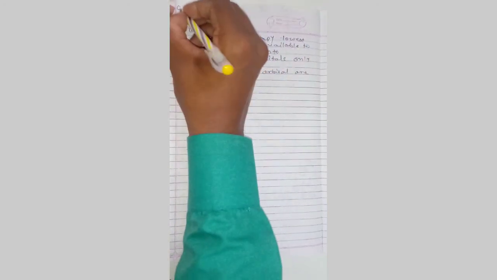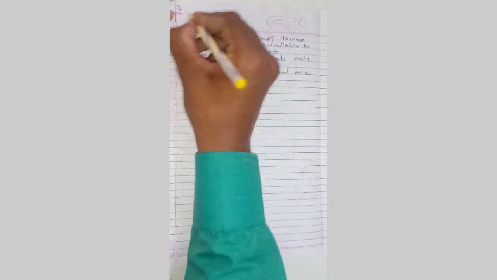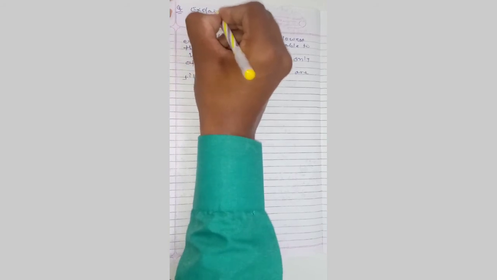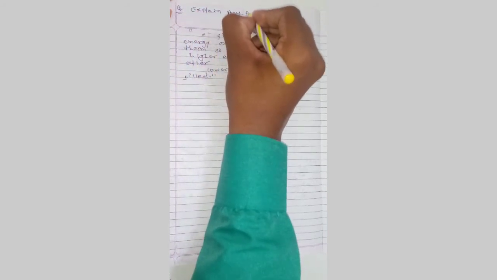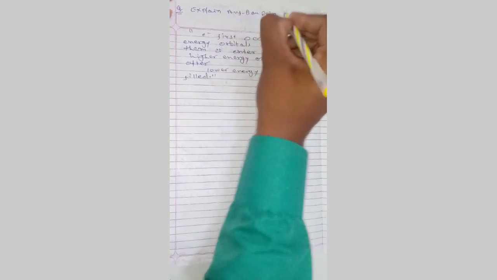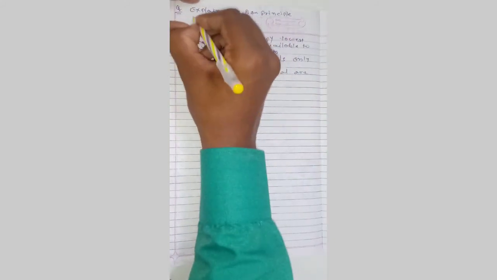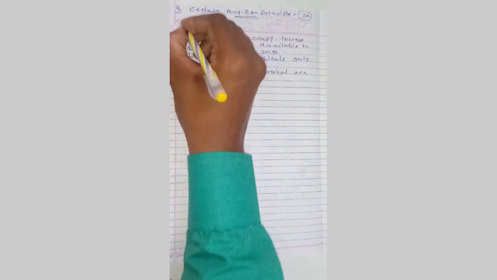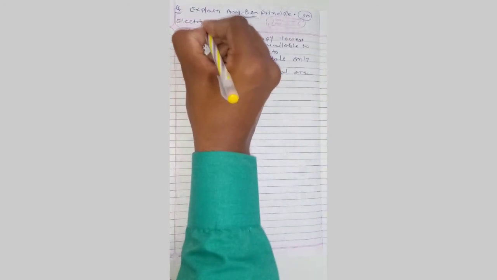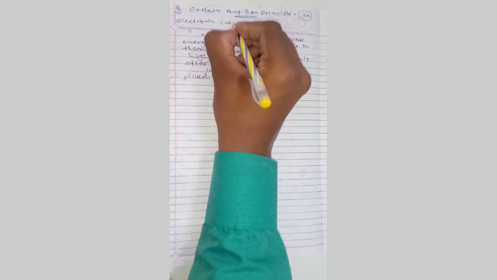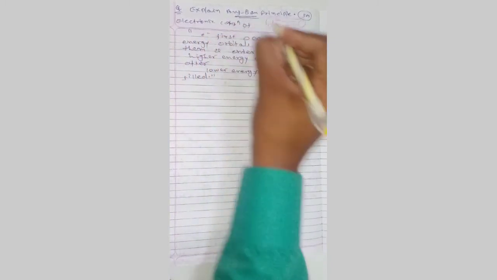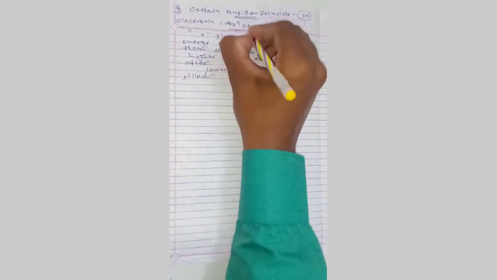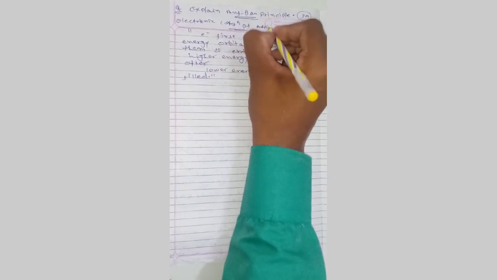So for theory, very important: explain Aufbau principle for 3 marks. Okay, and this principle is very important for writing down the electronic configuration of atoms.